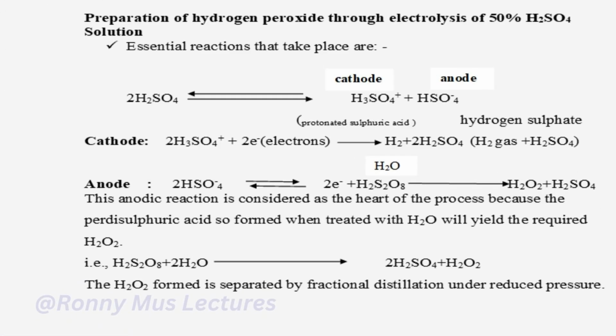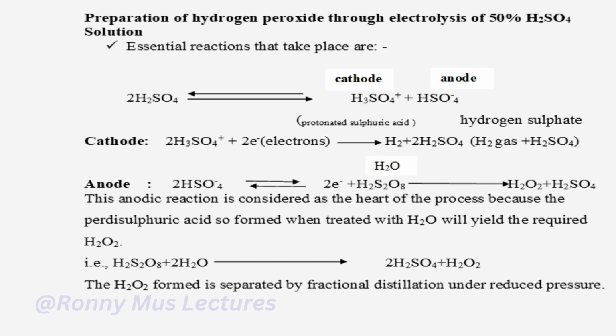Looking at commercial preparation of hydrogen peroxide through electrolysis of 50% sulfuric acid solution. In electrolysis, you need to have the anodic reactions and cathodic reactions. So your sulfuric acid gives you protonated sulfuric acid, which is positively charged, and then hydrogen sulfate, which is negatively charged.